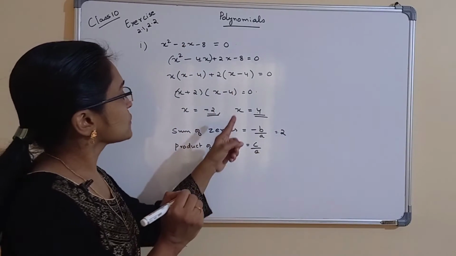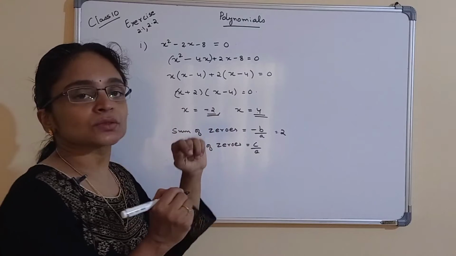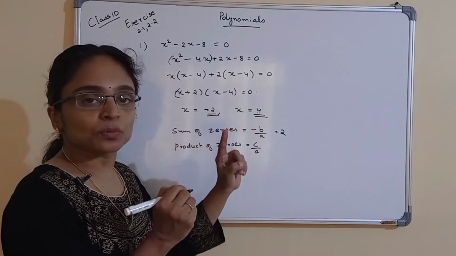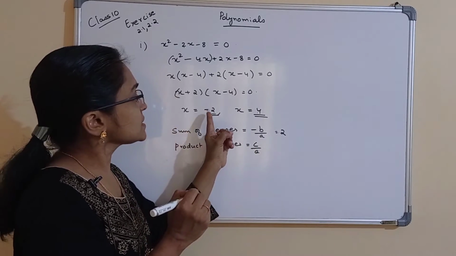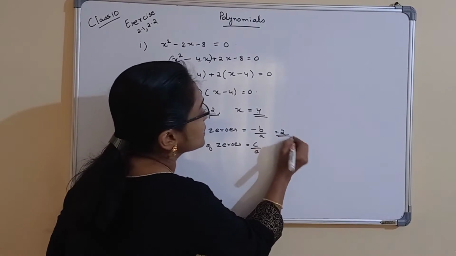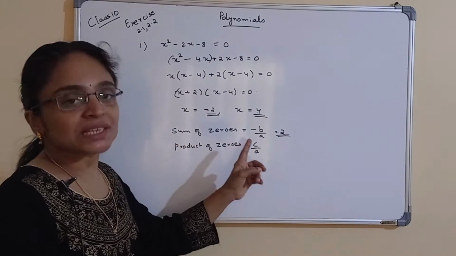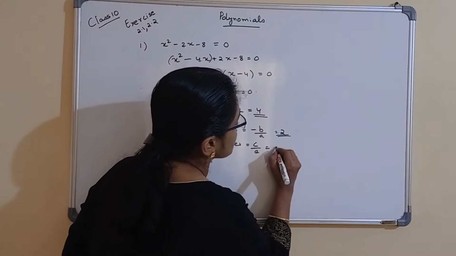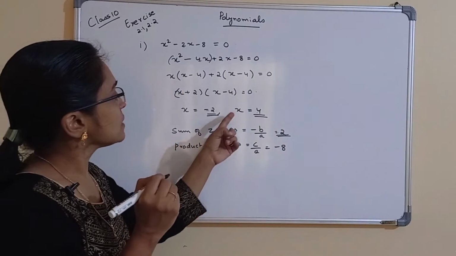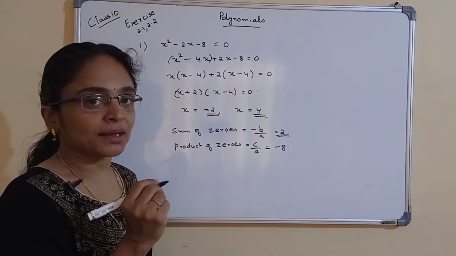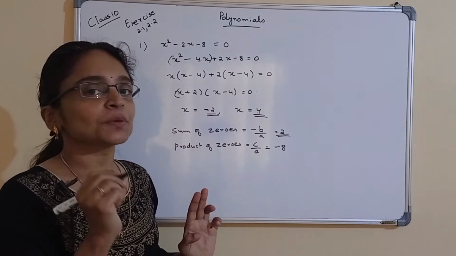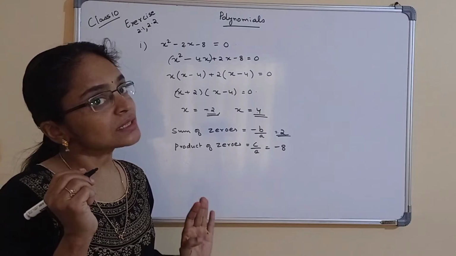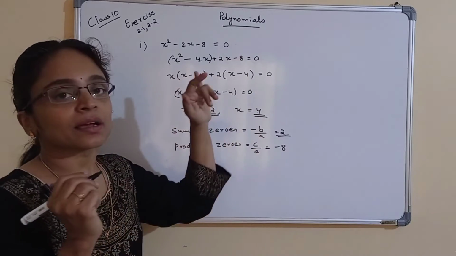And what is the sum of zeros here? Minus 2 plus 4 is 4 minus 2, which is 2. It is correct, right? And the product of zeros is c by a, that is minus 8 by 1, which is minus 8. And what is the product of zeros here? 4 into minus 2 is minus 8. So the relationship between coefficients and zeros is correct, and we have done it correctly.